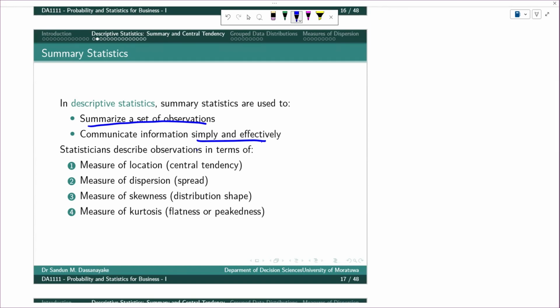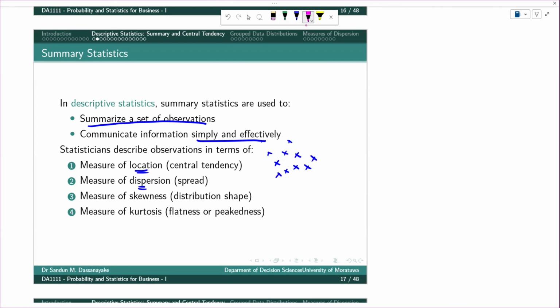Statisticians describe observations in terms of measure of location, that's central tendency, and measure of dispersion, that's spread. If I may draw some picture of this, imagine that you have your data points spread all around the space, and let me use a different color.